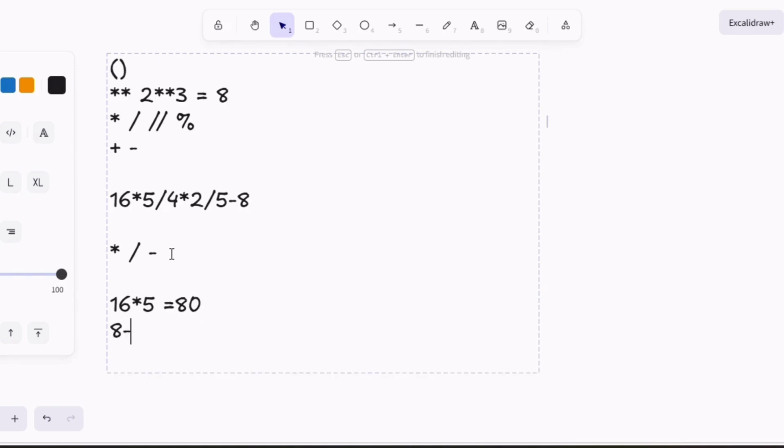Then we'll divide 80 by 4. That will give us 20. Correct.